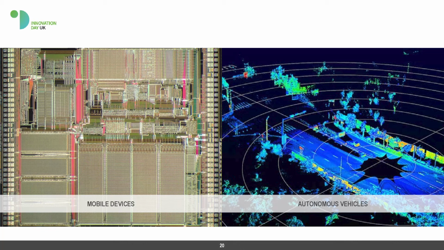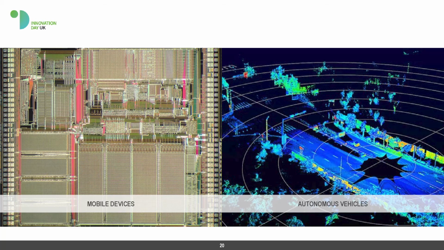We have computational systems which are getting smaller and cheaper and more capable, and sensor systems like cameras, LiDAR, and radar systems. All of these sensors are also becoming much more available, much less expensive, and they're becoming ready for production and getting into market. All of that said, they're much more available.